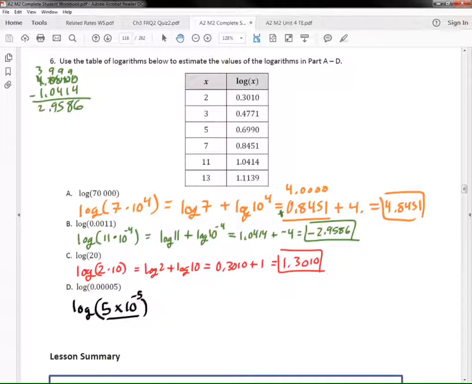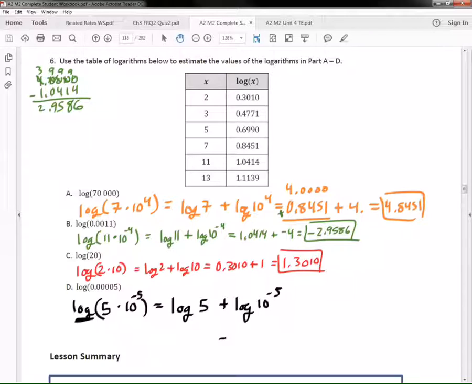So now I have a multiplication right there, and like before, we were just using dots, so I'll use a dot here. And because we have multiplication inside of a log, we're going to split up that log into 2 logs. Each number that's being multiplied gets its own log, so this is going to equal log of 10 to the negative 5. And we know that log base 10 of 10 to any power is just going to be that power.